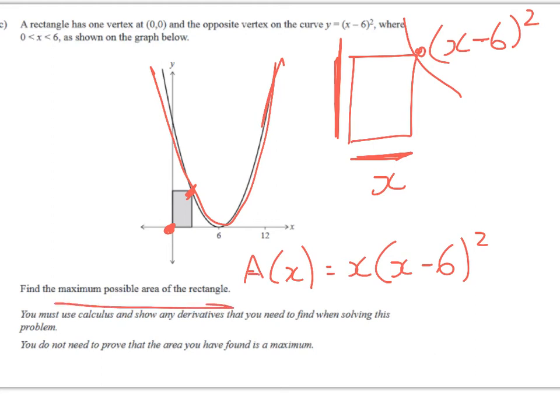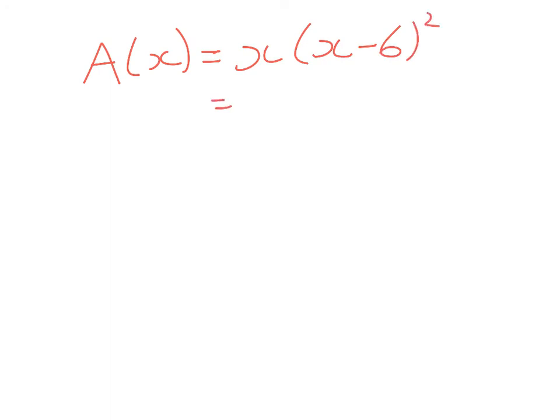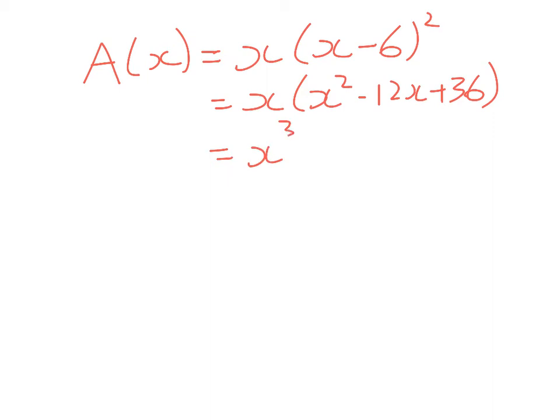On the next slide, I'm going to figure out how can we find that that's a maximum. Well, we're going to find the first derivative and set it equal to 0 and solve. Okay, so we've got A of x is equal to width times length. Now we might as well expand that out. It's going to be x times x squared minus 12x plus 36. So that's x cubed minus 12x squared plus 36x.